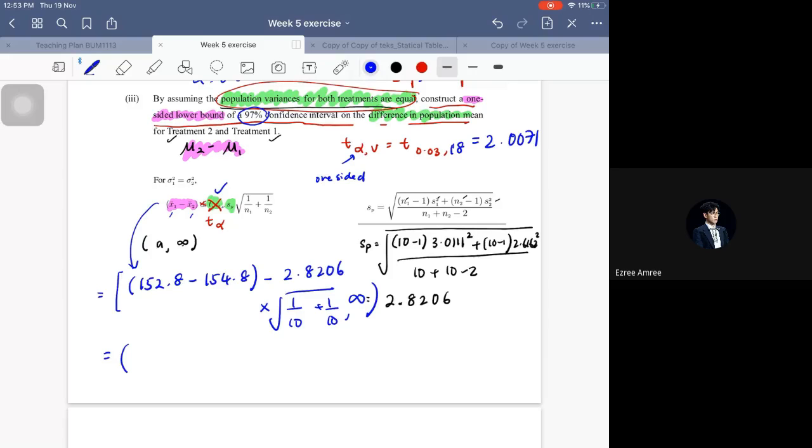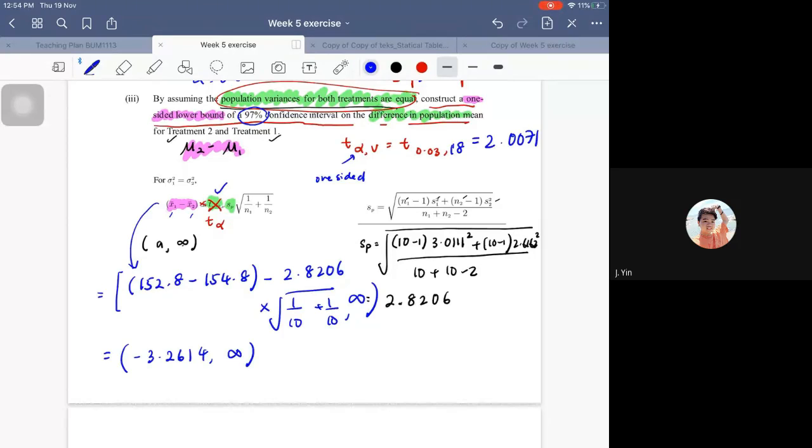Negative 3.2611, and the other number is infinity. Did anyone get the same value? 3.2614, infinity. That's a bit different from the value that I got.